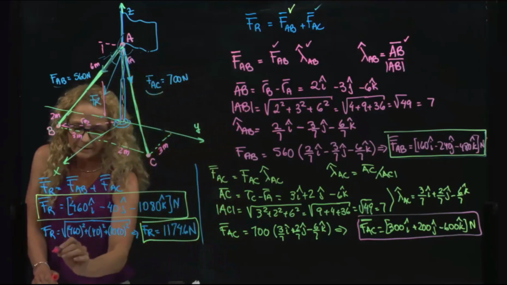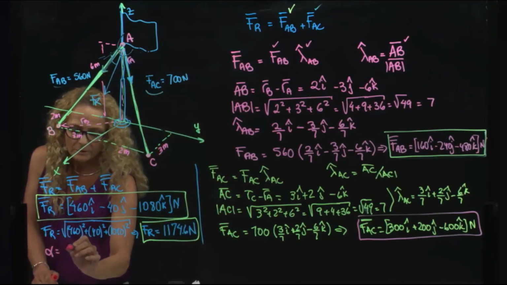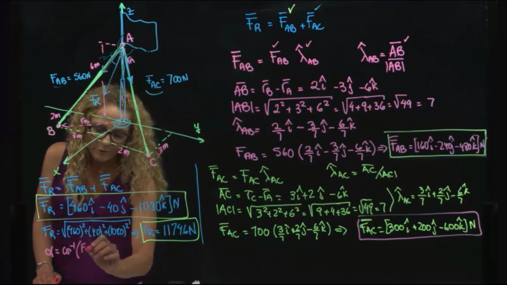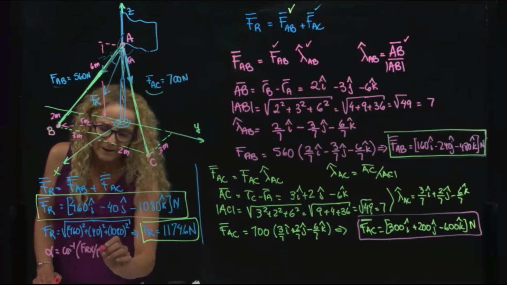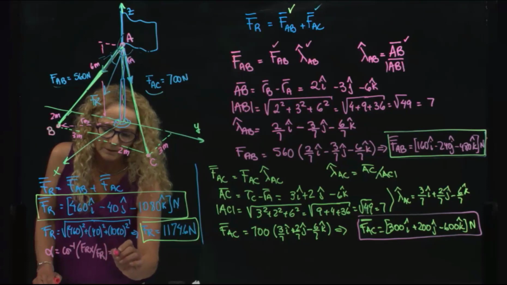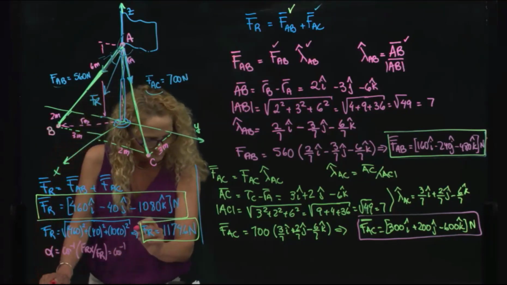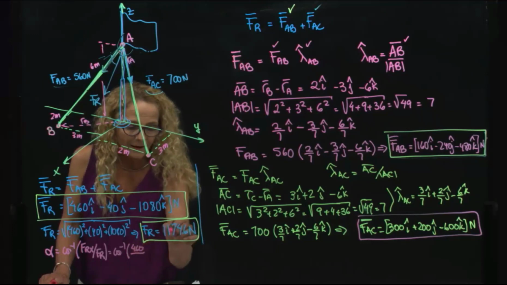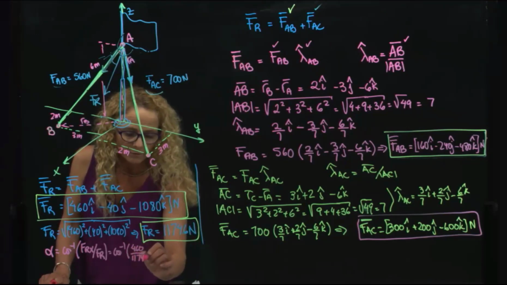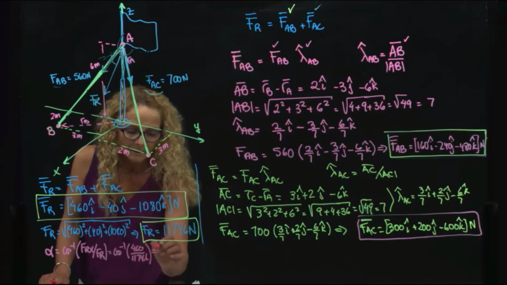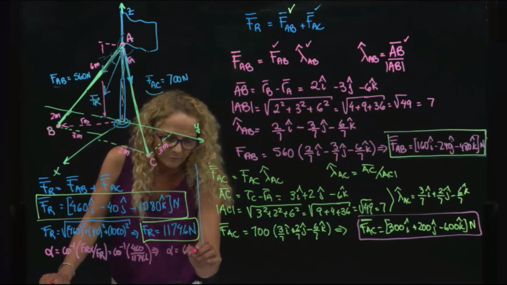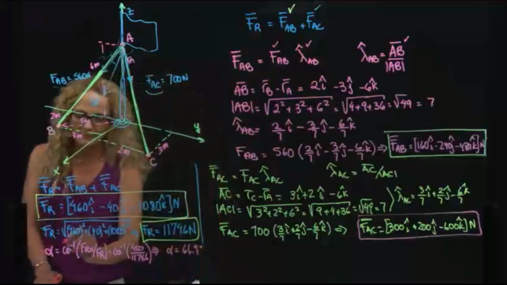Well, recall that alpha is the cosine inverse of the component in x divided by the magnitude. That will then be equal to 460 divided by 1074.6. And that gives me that alpha is equal to 66.9 degrees.